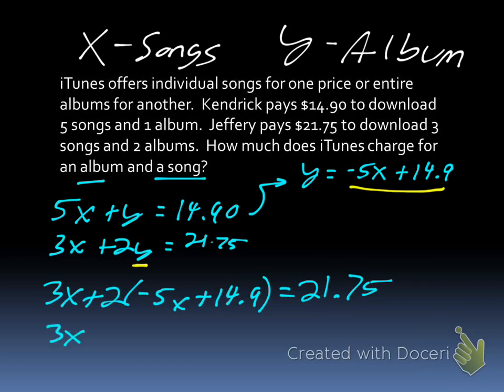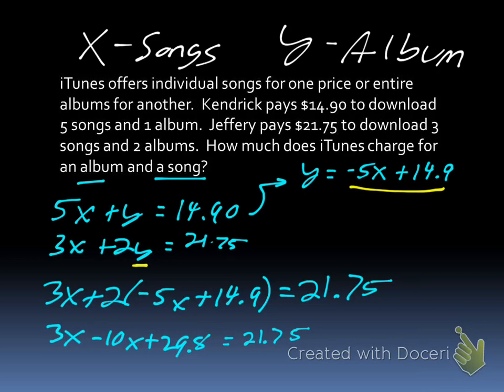So then you get 3x minus 10x plus 29.8, is that right? Anybody there yet? Double check that. I think that's right, but not for sure. Does it? Good. Equals 21.75.